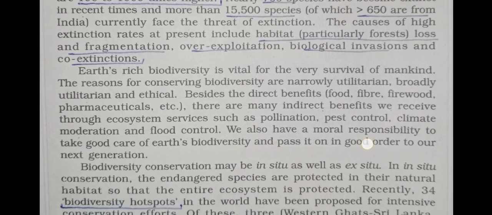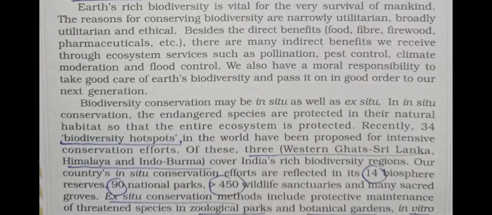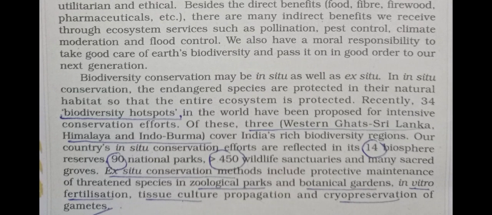And now at last we can say about the biodiversity hotspots, total 34, and the formula is 25 plus 9 equals 34. Initially 25, then 9 were added, and nowadays total 34, and 3 are there: Western Ghats and Sri Lanka, Himalayan region and Indo-Burma. 14 biosphere reserves, 90 national parks, 450 wildlife sanctuaries.